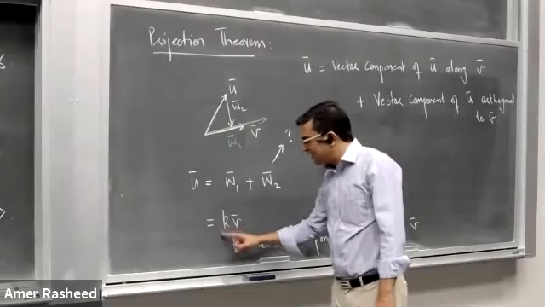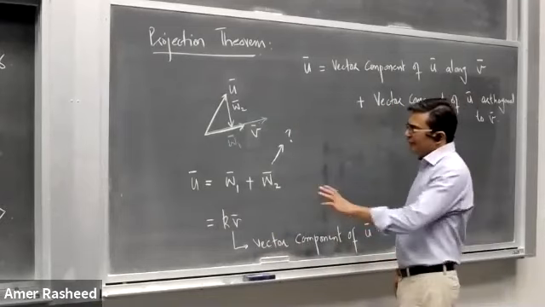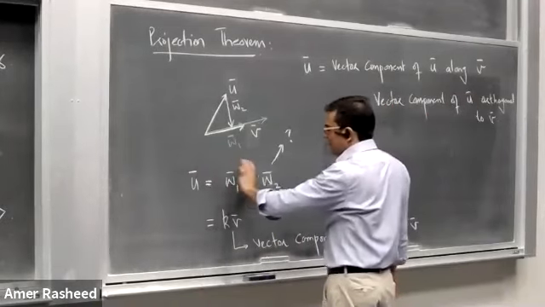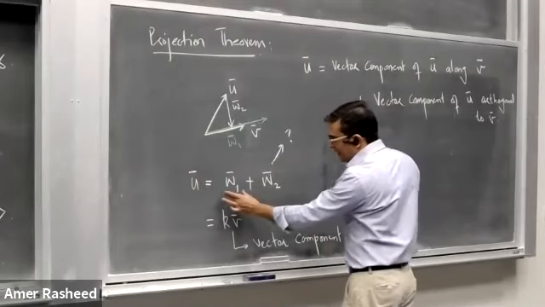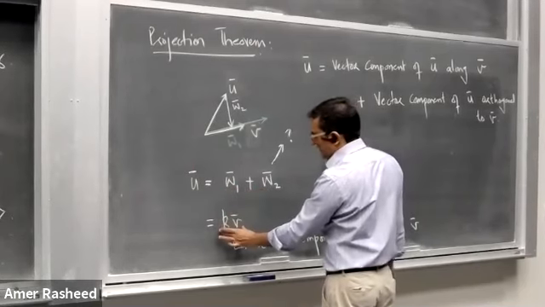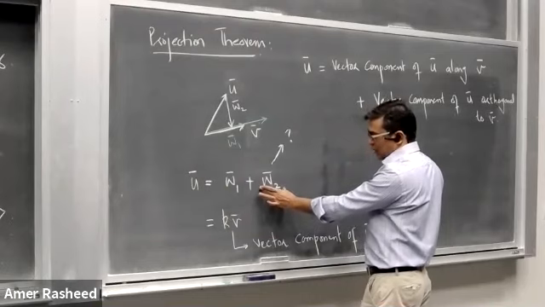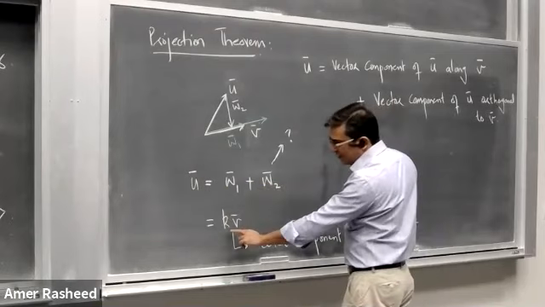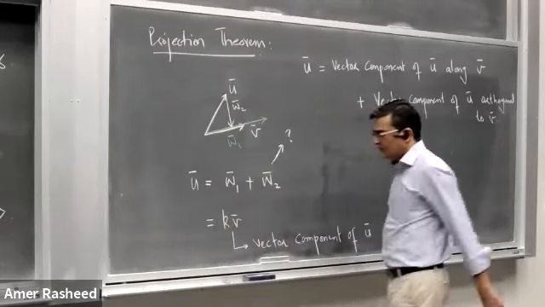So if we want to express U as a sum of two vectors, we can write it in the form of W1 plus W2. We know that W1 is a scalar multiple of V, but we don't know the form of W2, and we don't know how to find K.